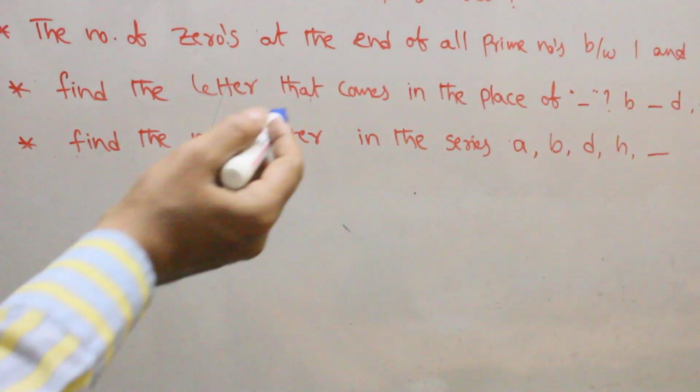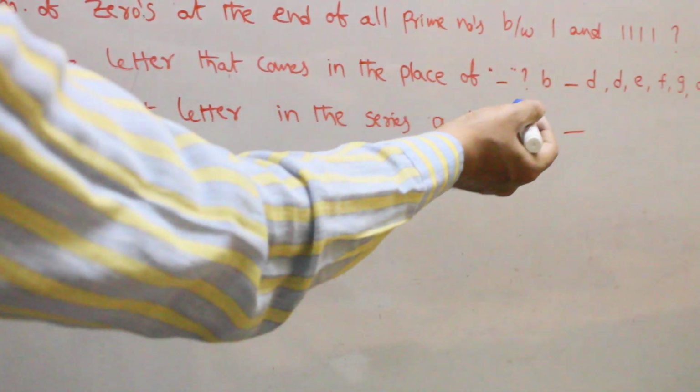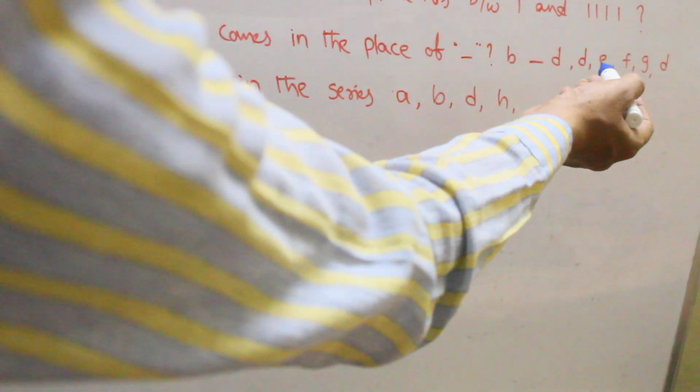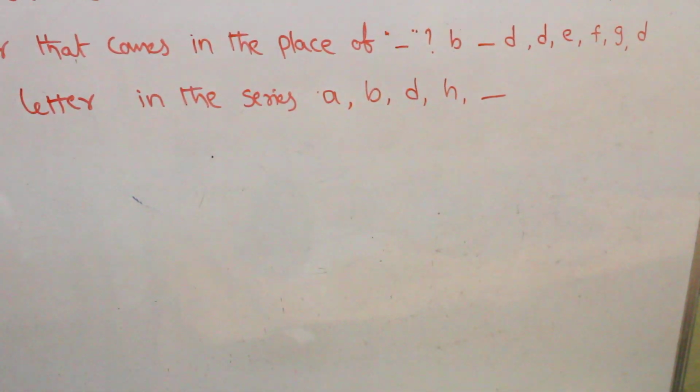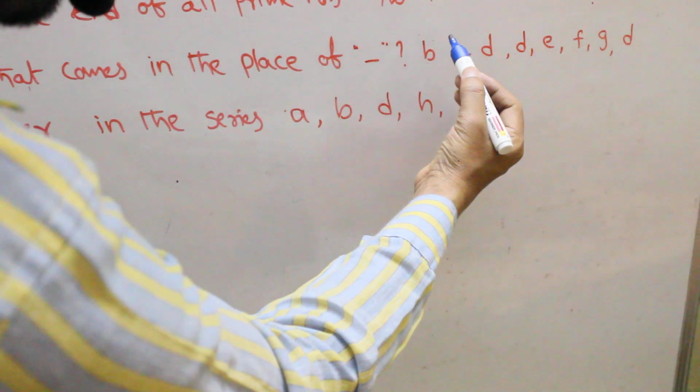Find the letters that come in the place of B, dash, D, D, E, F, G, D. Just observe this one.